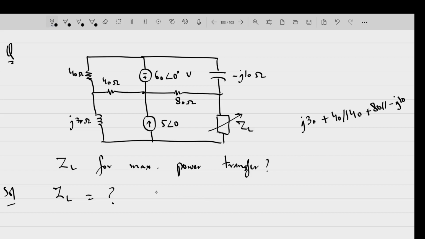So the answer you are getting is ZL, not ZTH. ZL is 21.23 minus 20.15J. This ZTH will be plus 20.15J, which is equal to 29.27 angle minus 43.5 degrees.